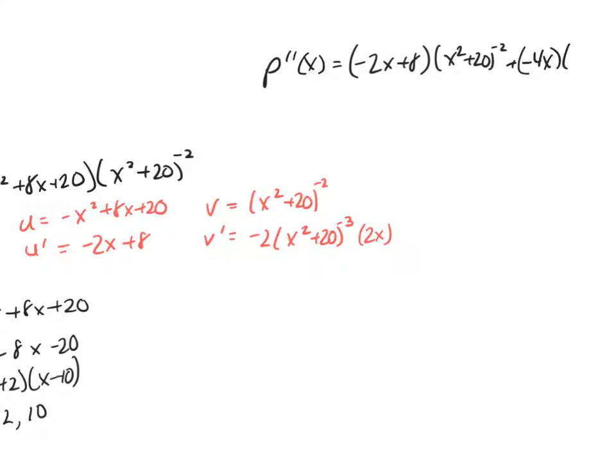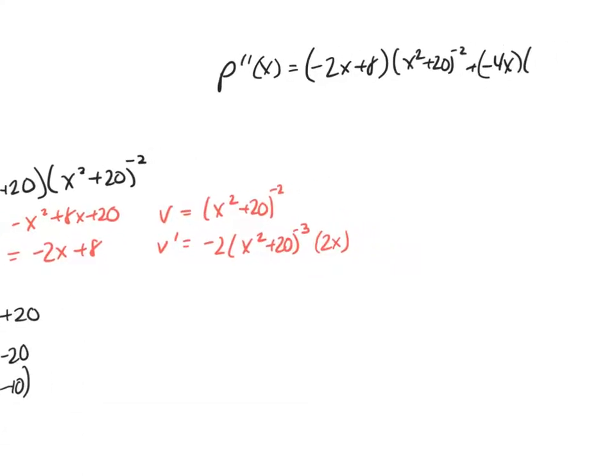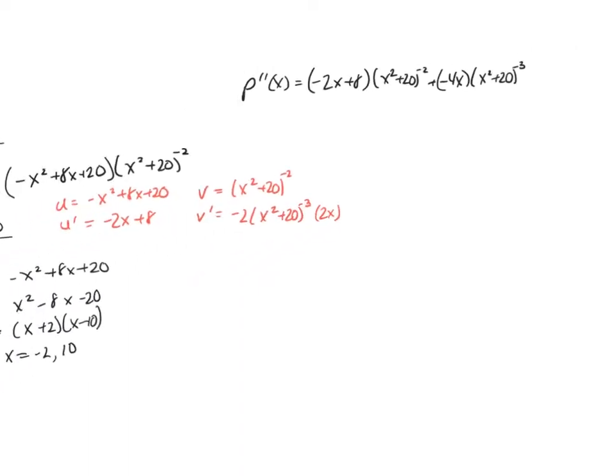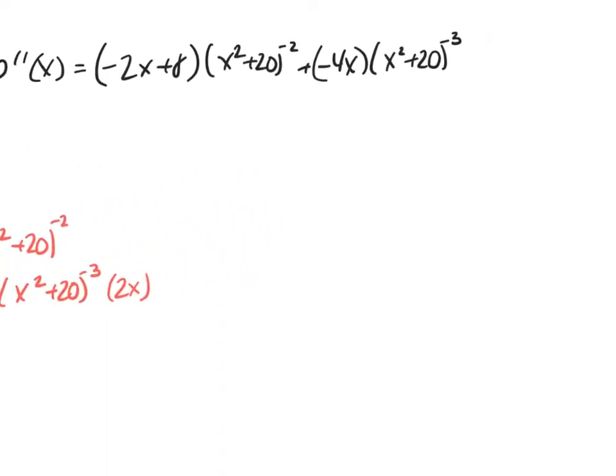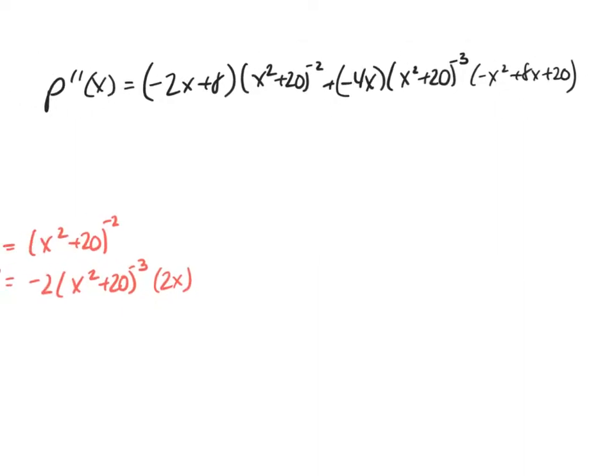All I did was move that 2x to the front and multiply by the 2 that was there. X squared plus 20 raised to the negative 3, multiplied by my original function, which was negative x squared plus 8x plus 20. And there it is.